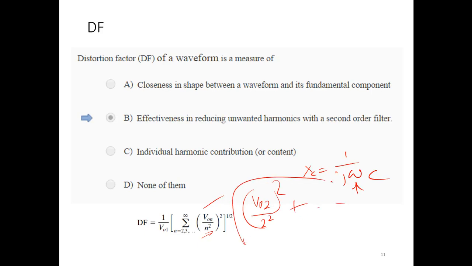That means it's a measure of how effective it is at reducing the unwanted harmonics with the second order filter. The distortion factor, therefore, is a measure of the effectiveness in reducing the unwanted harmonics with the second order filter and the filtering effect.